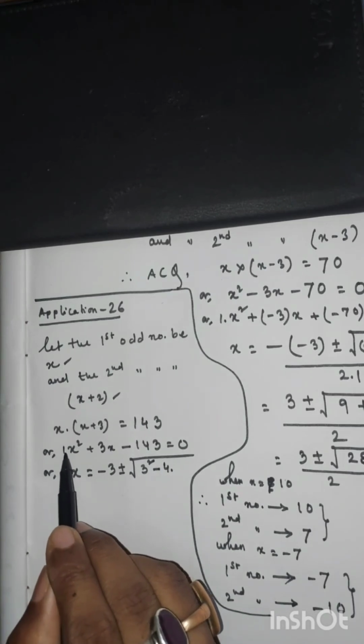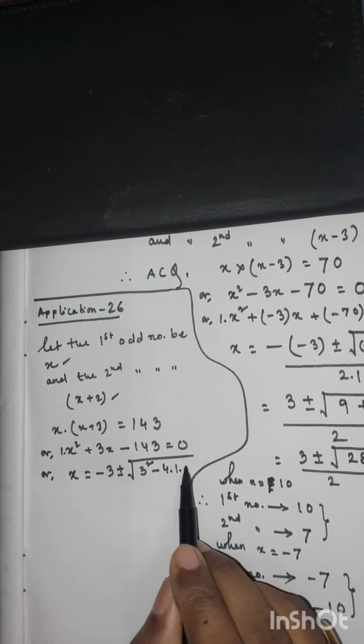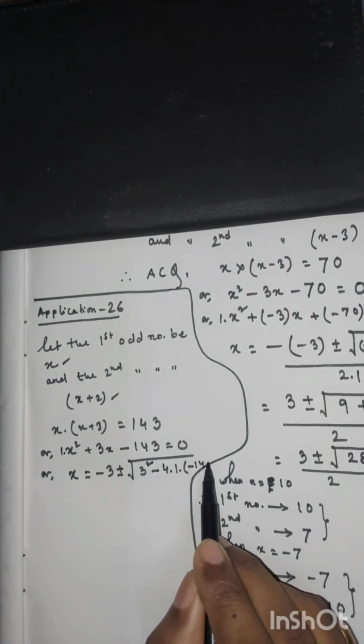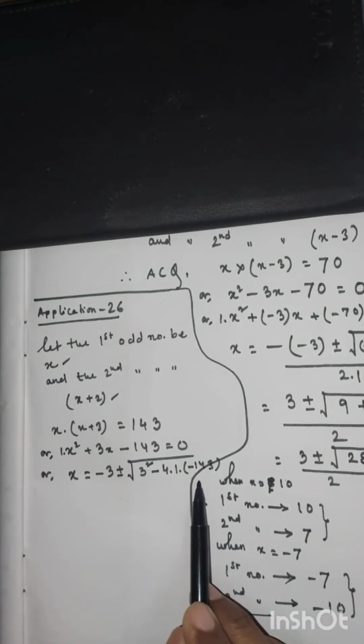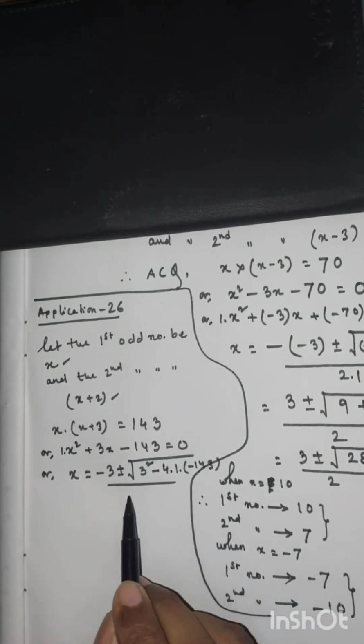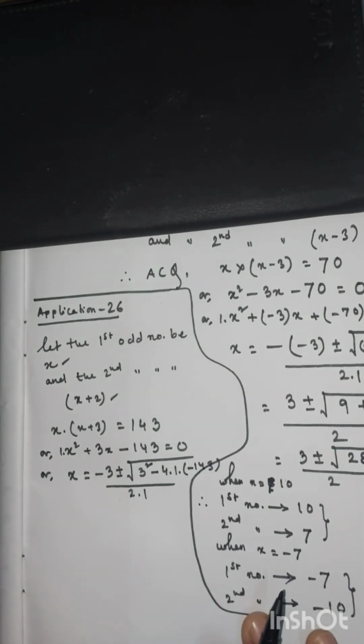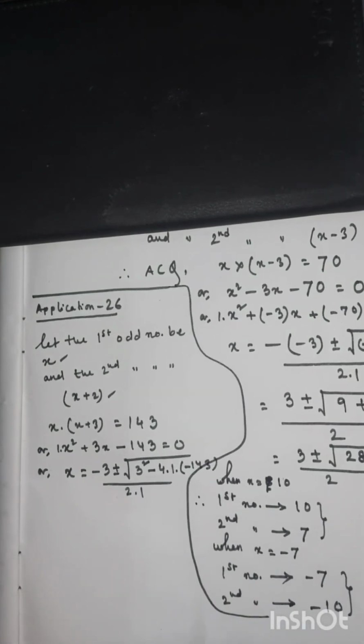A is 1 and c is minus 143, so b square minus 4ac by 2a. So these are the values of x.